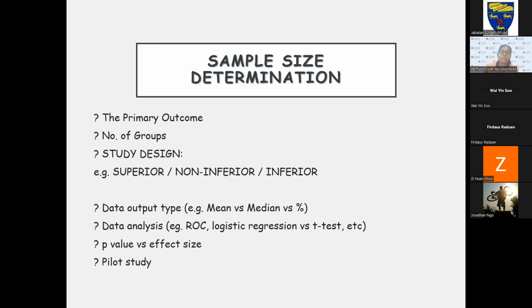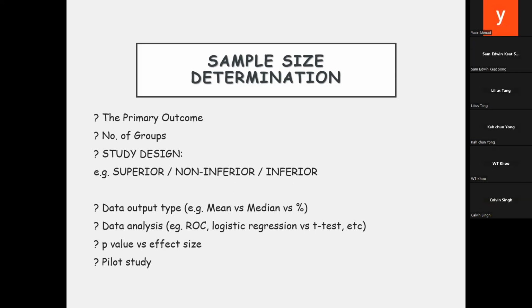Now that comes then to how you're going to analyze this. Is it going to be logistic regression, t-test? T-test is for mean, right? And logistic regression is when you are dealing with predictive models and so forth. And if you're looking at a diagnostic test, COVID test, ROC curve and positive predictive value, those things.